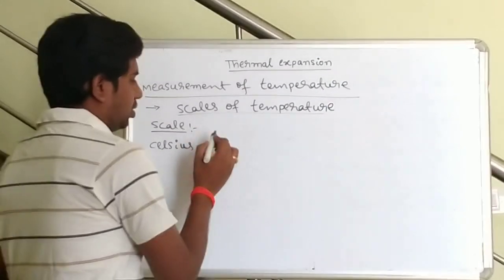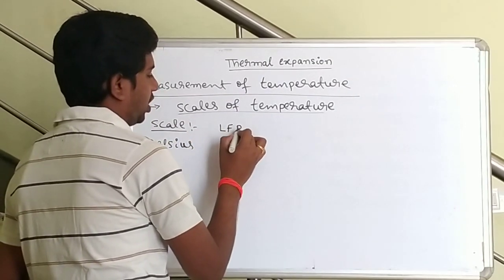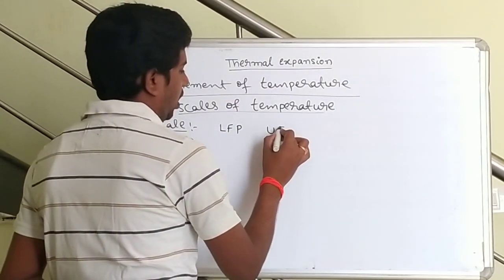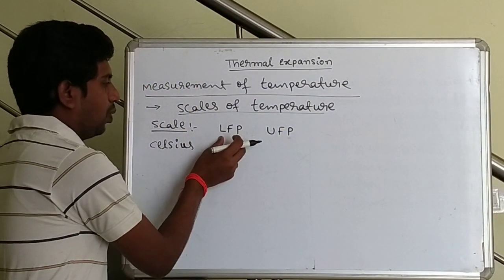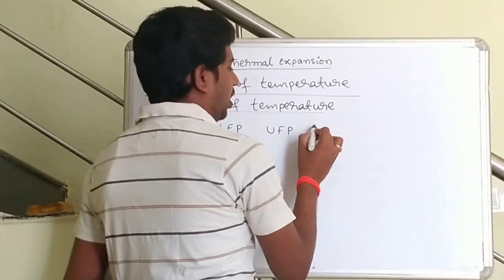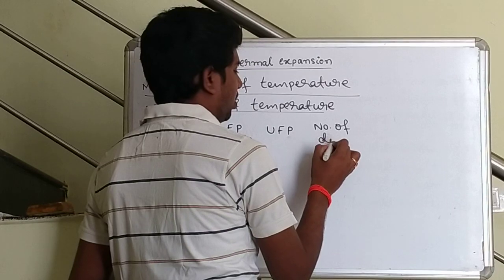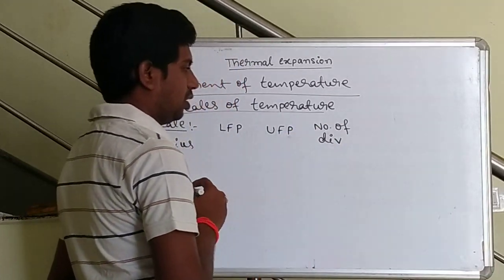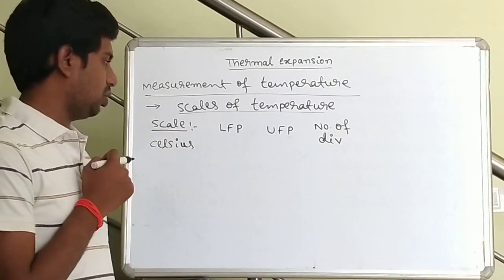They are generally called the lower fixed point and upper fixed point. Having taken these, we divide the interval between the two into a number of divisions so that we can measure temperature.